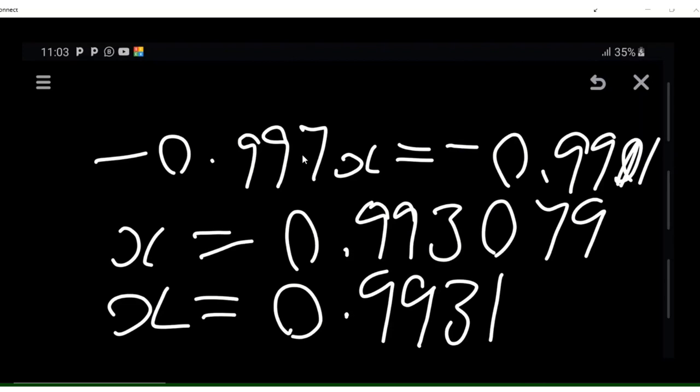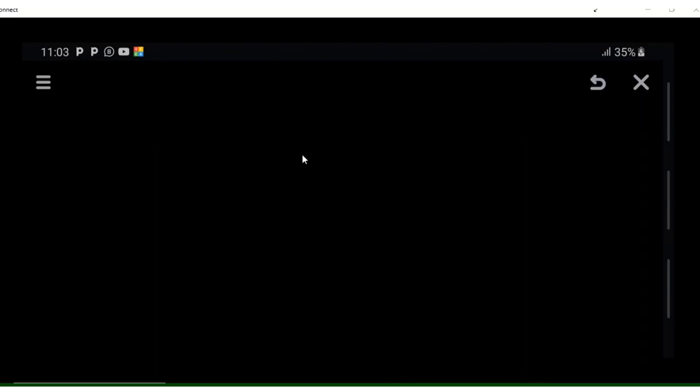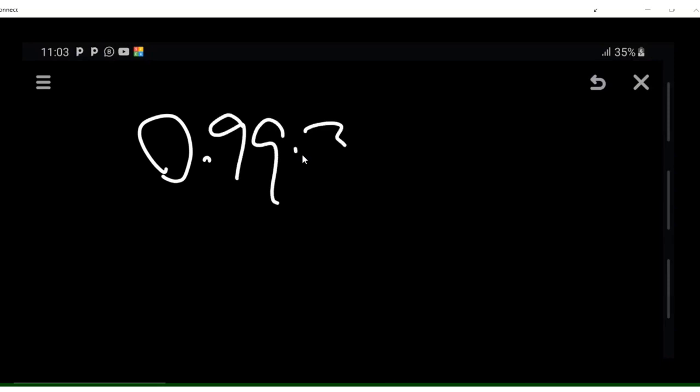All right, 0.9931. So from here, we have found our x. So we can just multiply 0.9931 by 100.